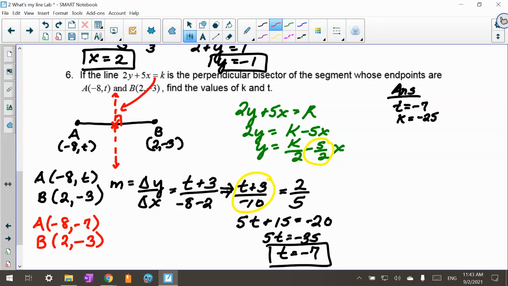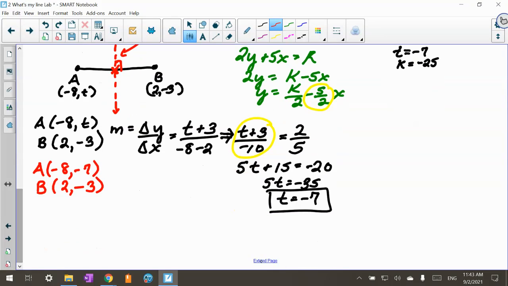I can now take one of these points and plug it into this equation right here and figure out what k is. But wait a minute, if I plug one of those points in there, that's not on the line, so I can't use that. What's the only point I can plug in there? The midpoint. So I'm going to take this A and B here and find the midpoint.